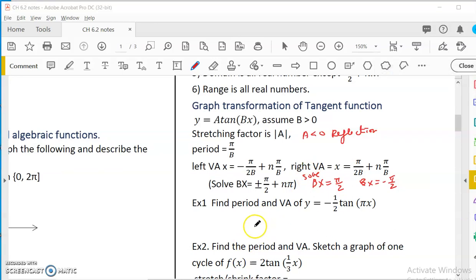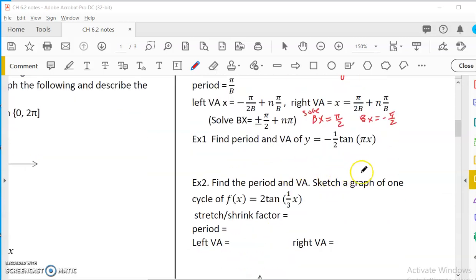You will figure out what the two vertical asymptotes would be. Okay, so let's do some practice. I need to graph y equal to -1/2 tangent pi x. What is the period? Now the -1/2 indicates reflection, and also the stretching factor is 1/2, but it does not affect the period. The period is affected by the number that is multiplied to x.